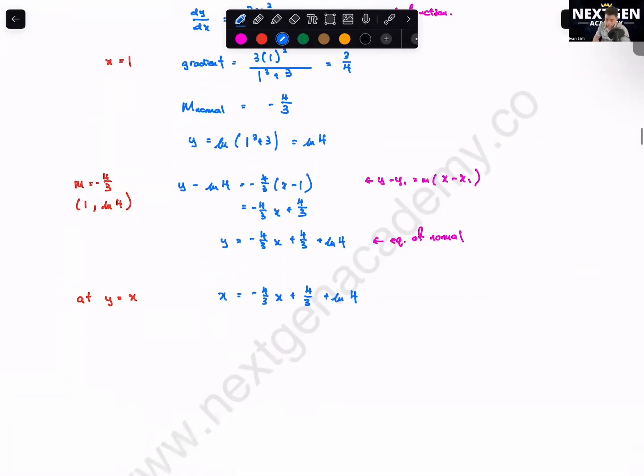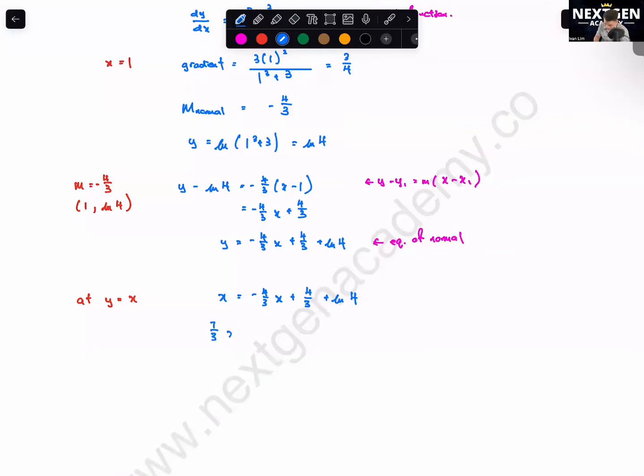I want to find x over here. I bring all the x to one side, the left-hand side. It will become 7 over 3 x equals 4 over 3 plus ln 4. I want to bring the 7 over 3 to the right-hand side, so I need to multiply by 3 over 7. So (4 over 3 plus ln 4) times 3 over 7.